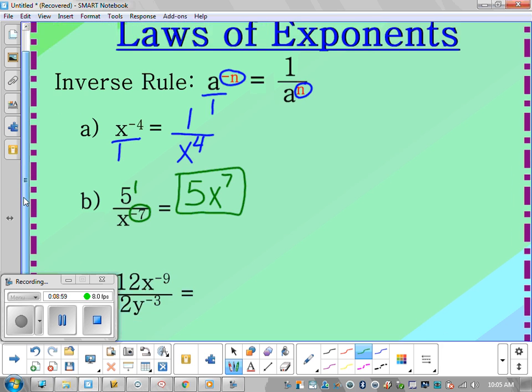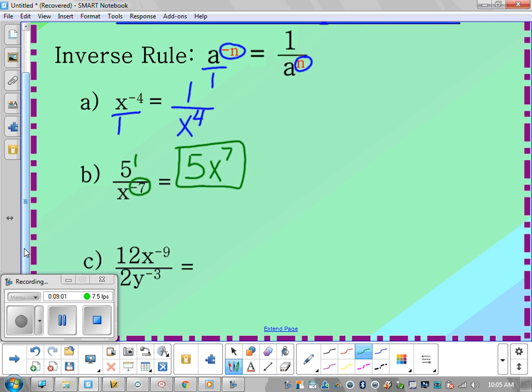The last one I'd like to look at right here, we're going to divide the coefficients first, like we practiced earlier. 12 divided by 2 is 6. The x exponent is negative, so I'm going to send it to the denominator to make it a positive exponent.